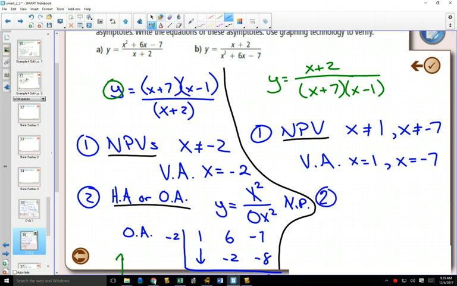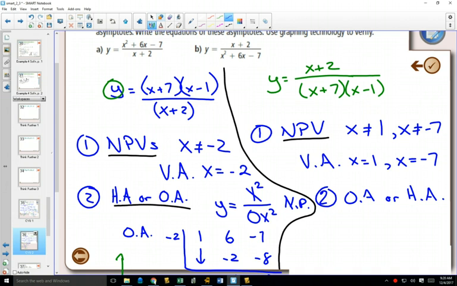Step 2, this is when we're going to look at oblique asymptotes or horizontal asymptotes. Maybe you recognize right away, oh, the degree's bigger on the bottom, I know we have a horizontal asymptote at y equals 0. Maybe that's a characteristic that you're starting to memorize.